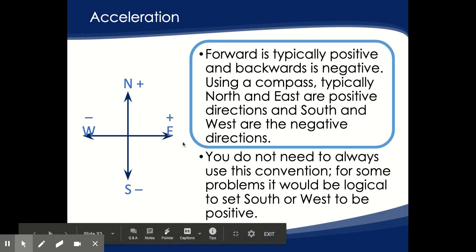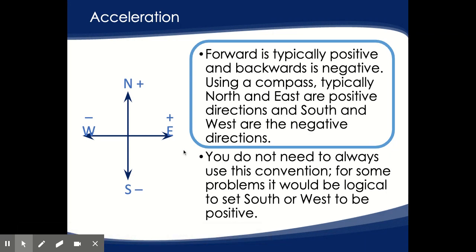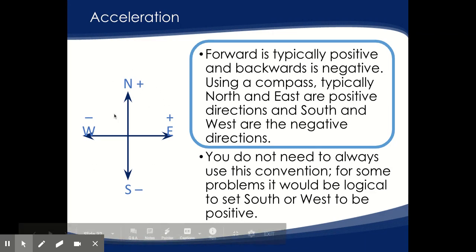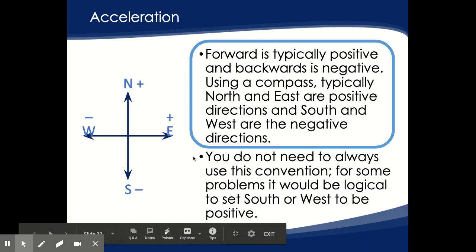It will not always be this way. It might be more logical on a different plane to say that south is your positive direction, because maybe you're driving south initially. That will depend on the question, but almost always you're going to use these as your positives and negatives when you're looking directionally.